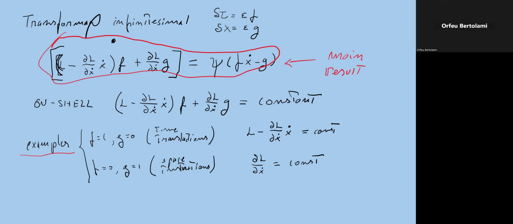So the issue is how you implement the symmetries you want in the action you think describes the phenomena you are interested in. You have to introduce the symmetry in order to find the conserved current.